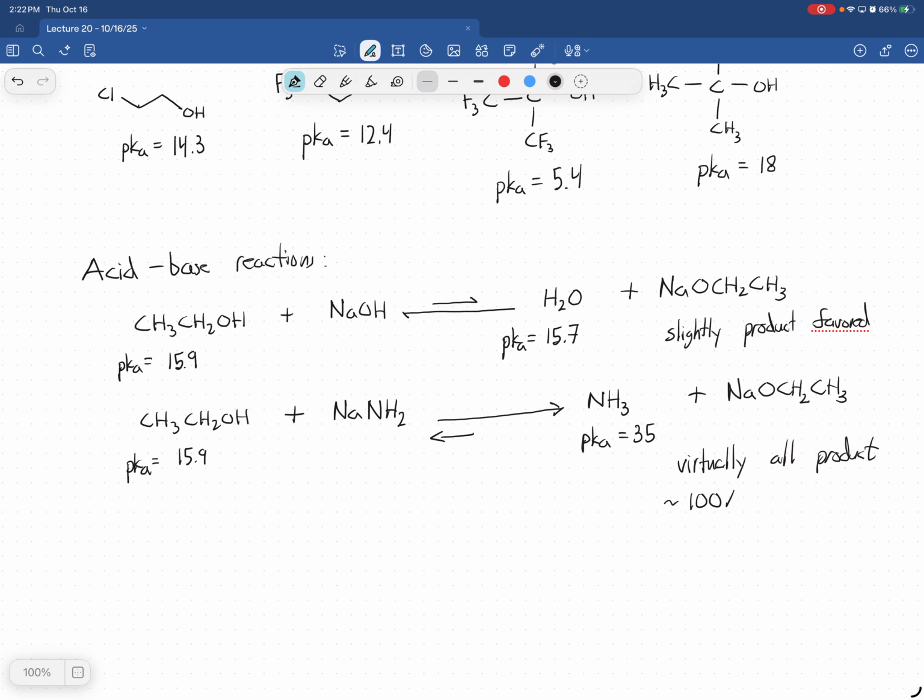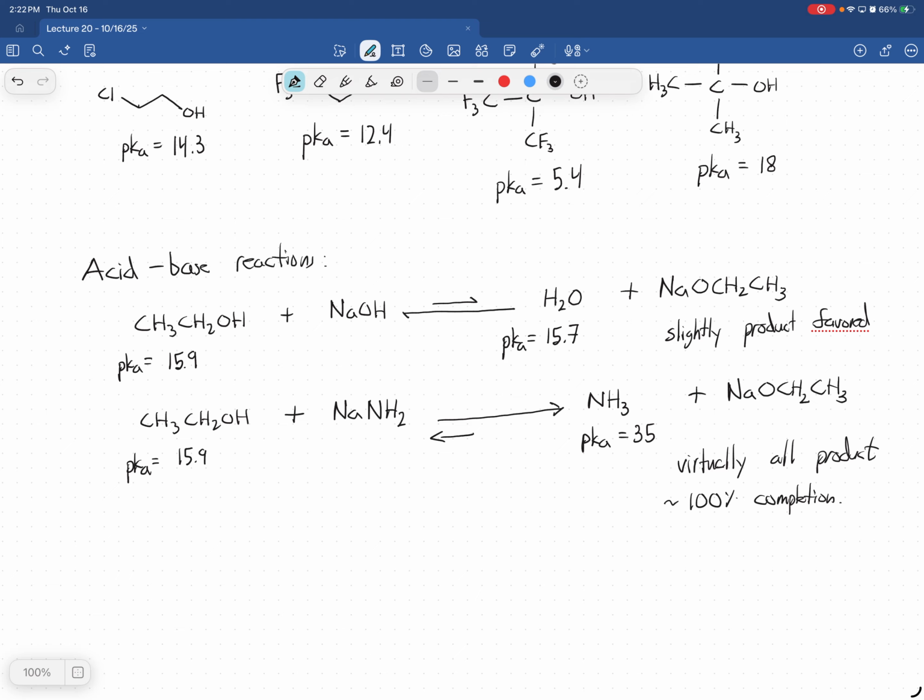So almost 100% completion. Okay? And that's because of the different pKa values. Because of the pKa values, reactions go towards the higher pKa, right? The acid that has the higher pKa, because that's the weakest. All right? So it forms the weakest acid. In this case, ammonia is the weaker acid than ethanol.